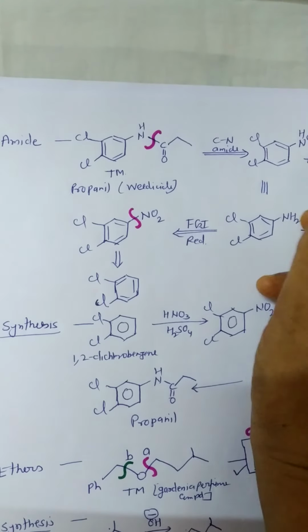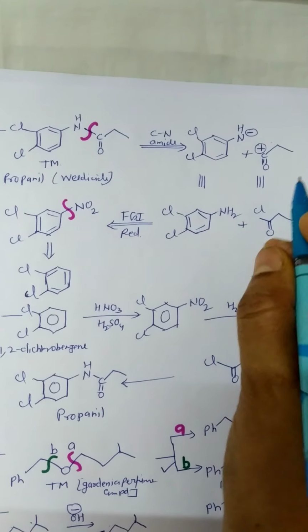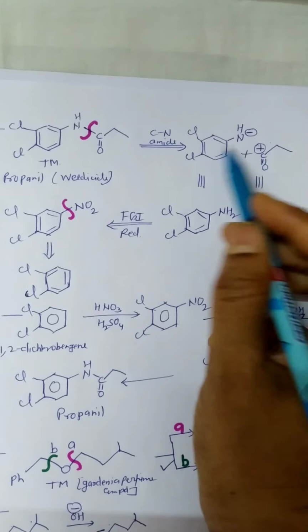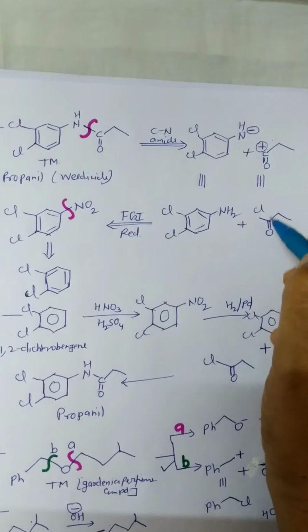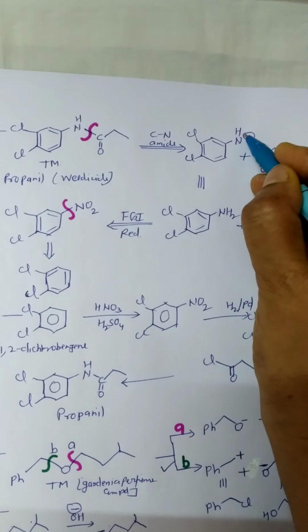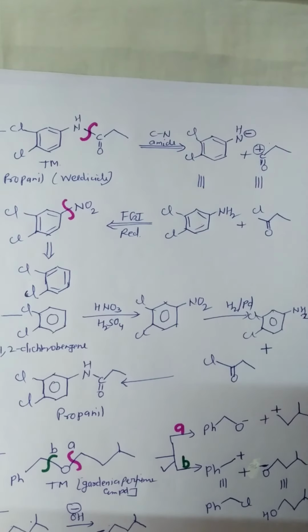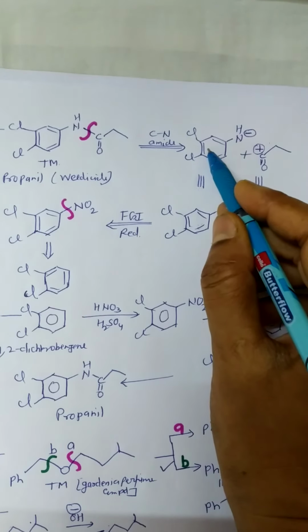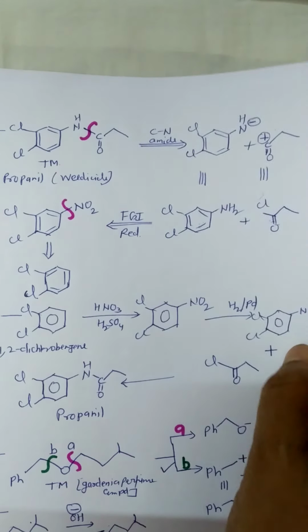The two fragments obtained by the disconnection, this one and this one, are synthons, converted to synthetic equivalents by adding some positive part to this nitrogen and by adding some negative part to this carbon. Therefore, these are the synthetic equivalents of these two fragments, that is the synthons.